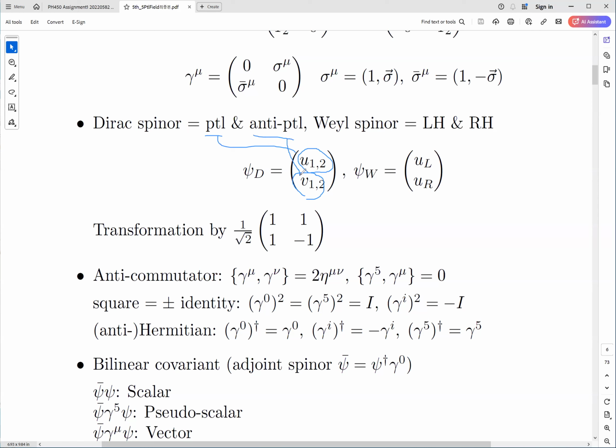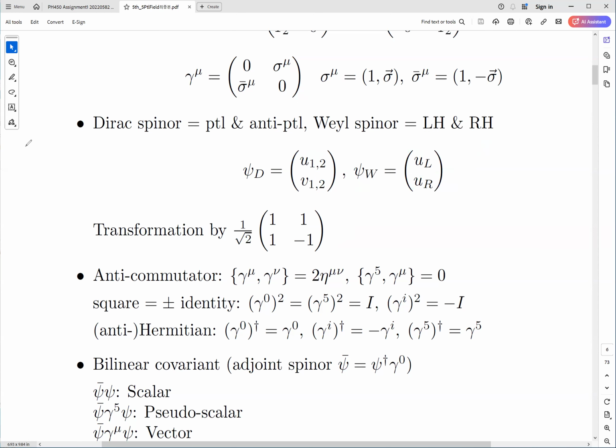We will find the exact solution to the Dirac equation in the next video. For the Weyl spinor, the upper two components correspond to the left-handed spinor state, and the lower two components correspond to the right-handed spinor state. The transformation between the Dirac spinor psi D and the Weyl spinor psi W is given by this matrix.